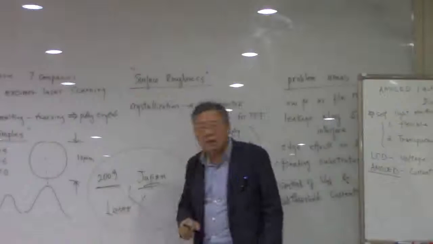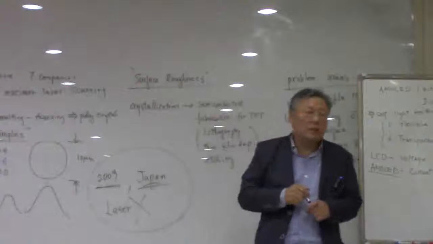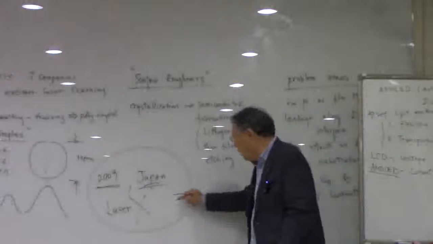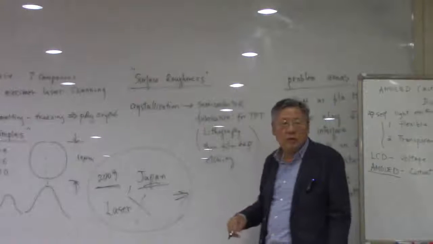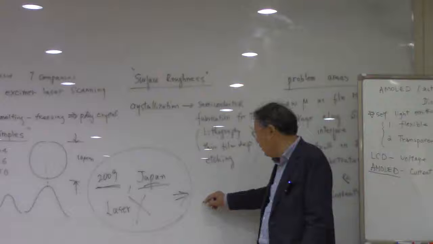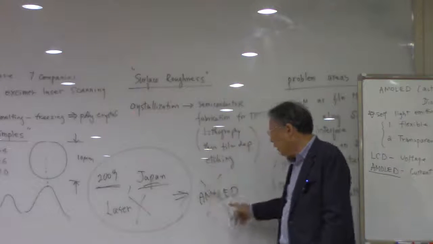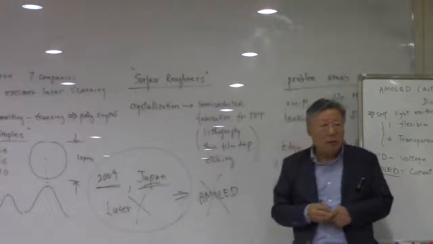Laser technology is not an industrial technology. So this is why up to now the Japanese cannot make AMOLED devices. No Japanese AMOLED device yet.